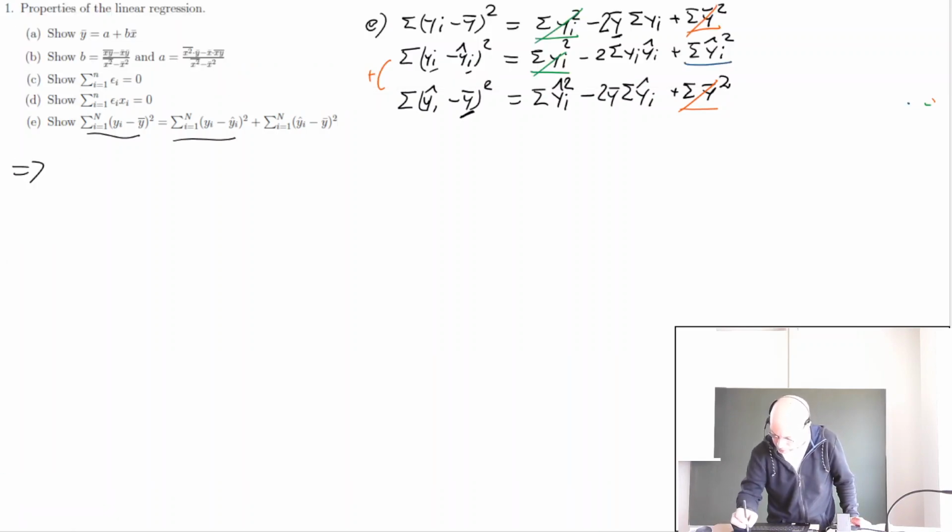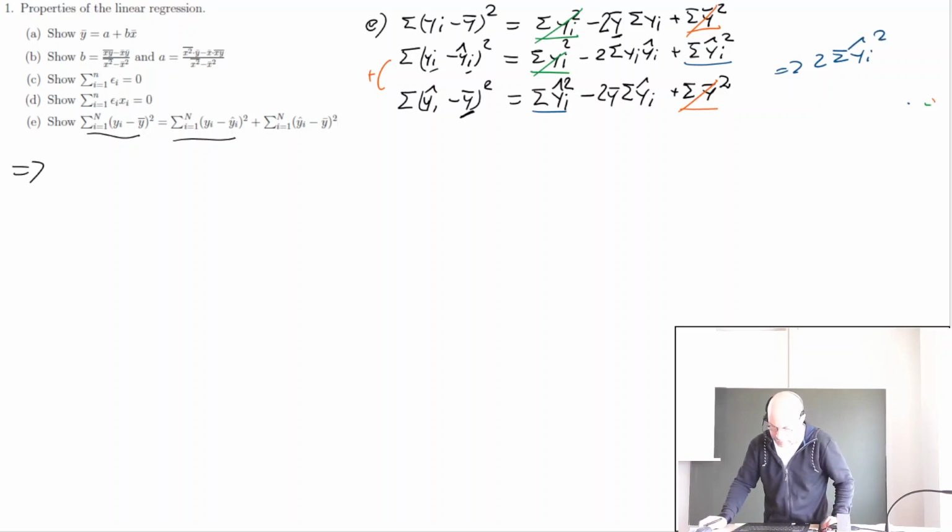Y hat squared and y hat squared, but this is both on the right side, so we have together here 2 times the sum over y hat i squared.